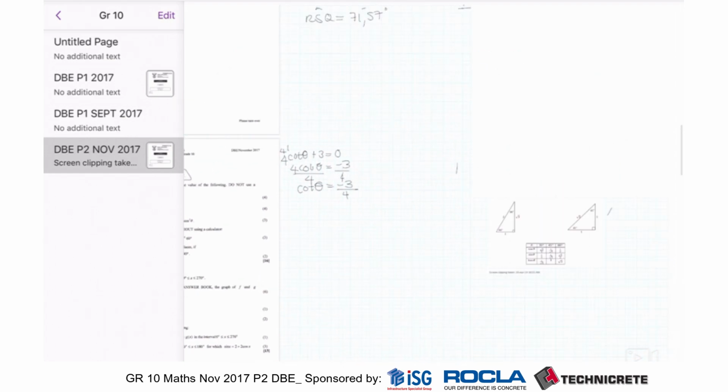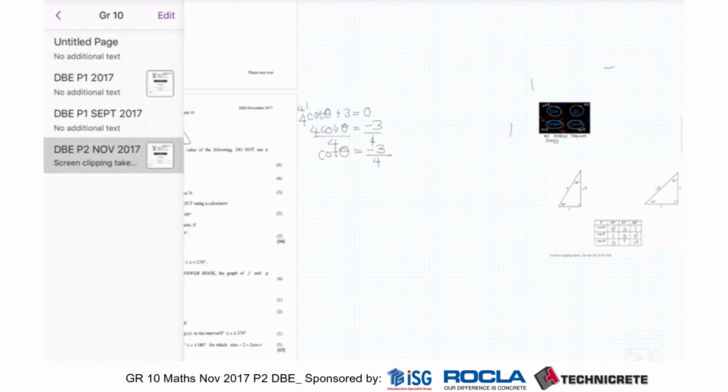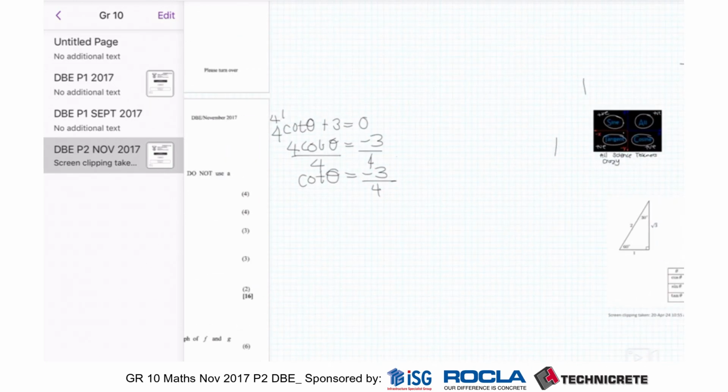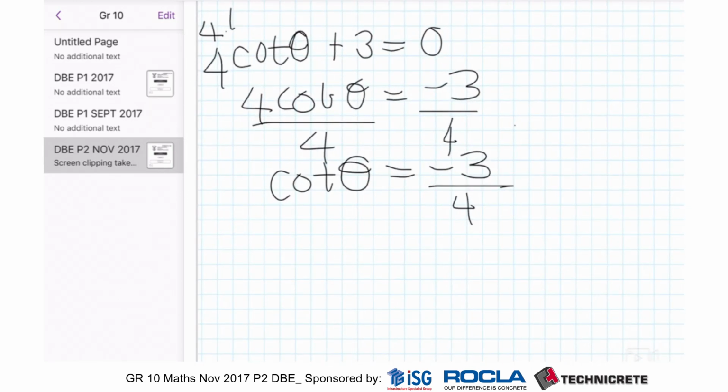Firstly, we need to change this because our tools are only sine, cos, and tan. This is cot. What do we know about cot? Cot is equal to 1 over tan. So it's therefore equal to 1 over negative 3 over 4.